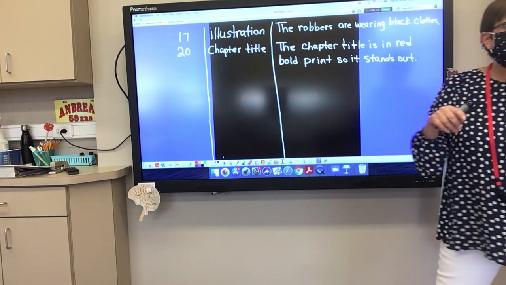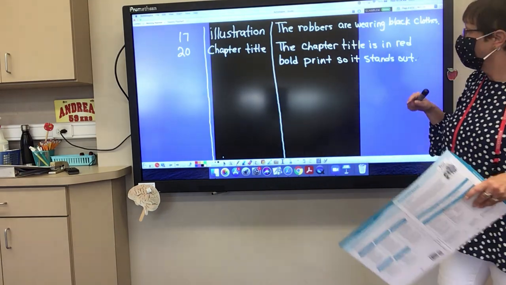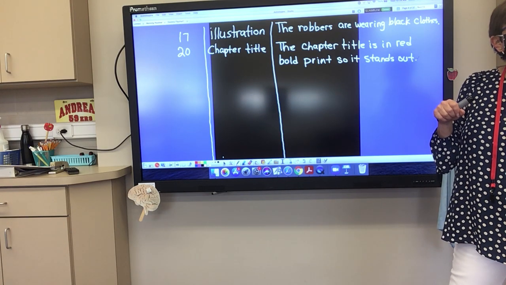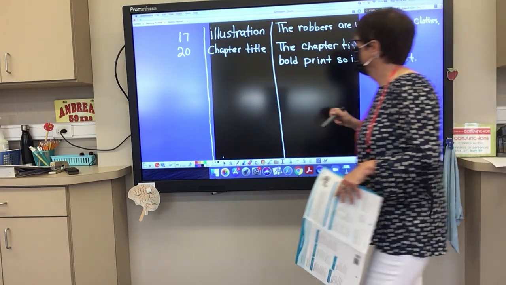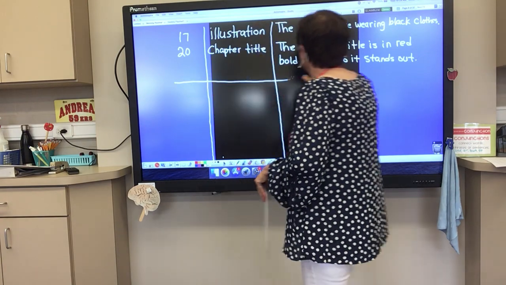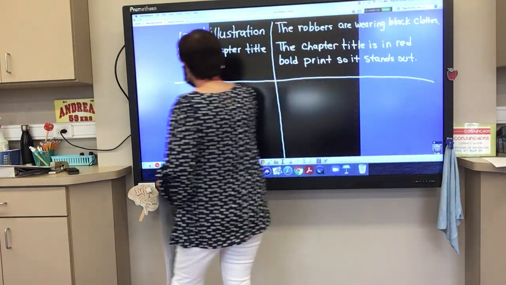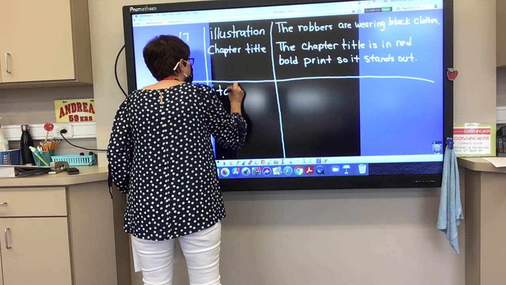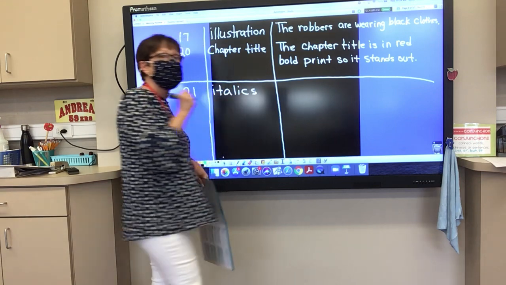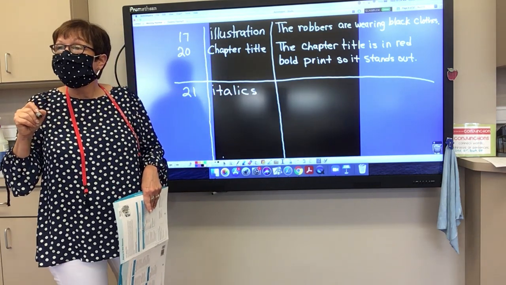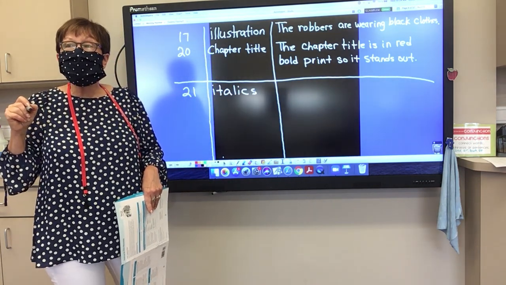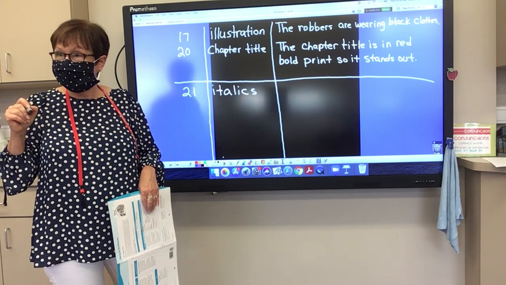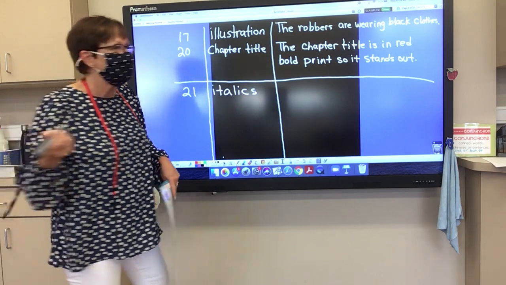Yes. On page 21, Police Patrol is in italic letters. Oh, italic letters. Yes, good catch. We are definitely going to write that. So on page 21, we have italics again. And what word is in italics? Police Patrol. And why is it in italics? Because it's a TV program.